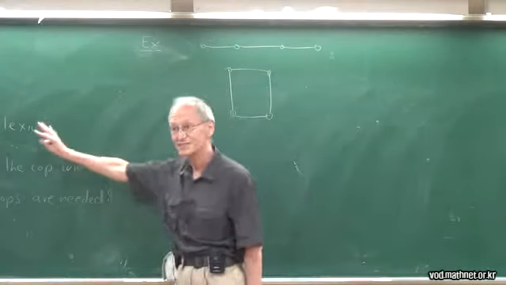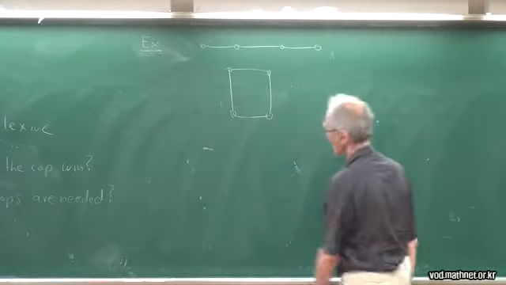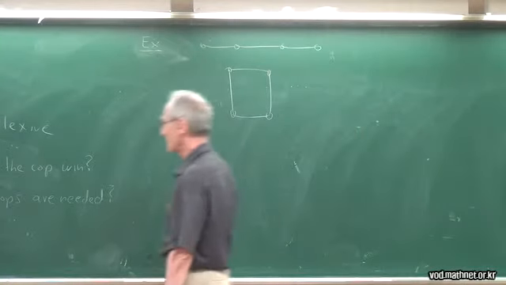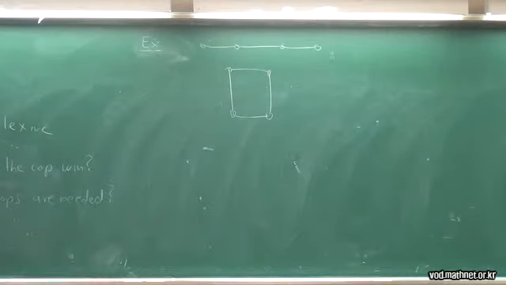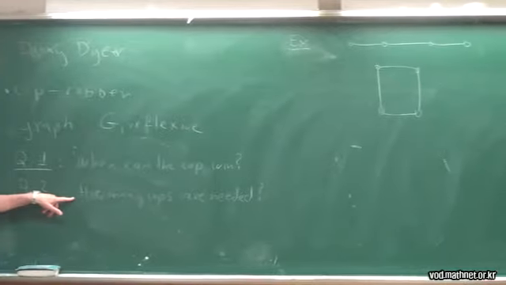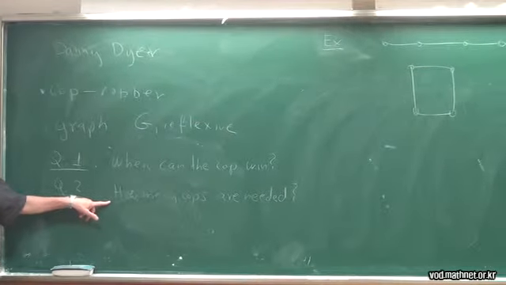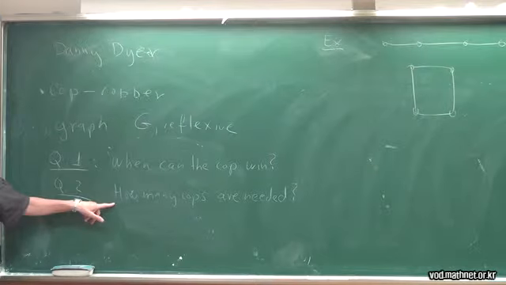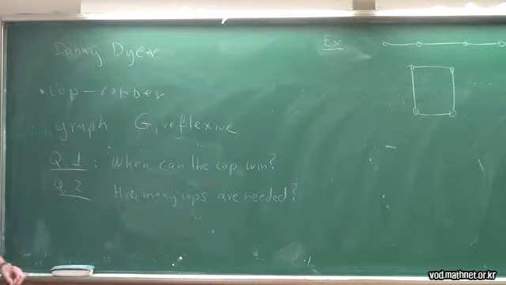But this is the game I'm interested in. In fact, finding out how many cops you need for a graph is an XP-complete problem. That was proved recently. It hasn't been published yet, it's under review.